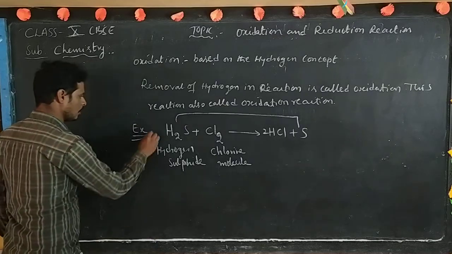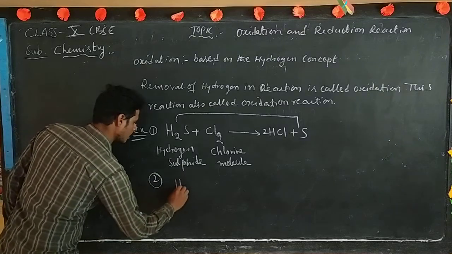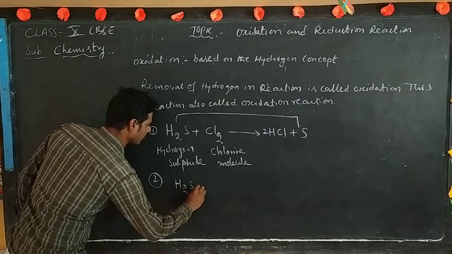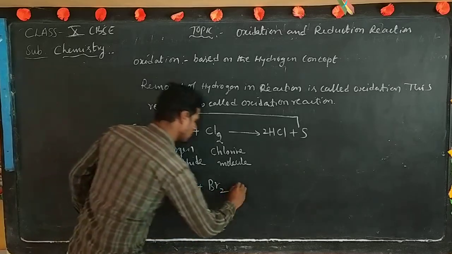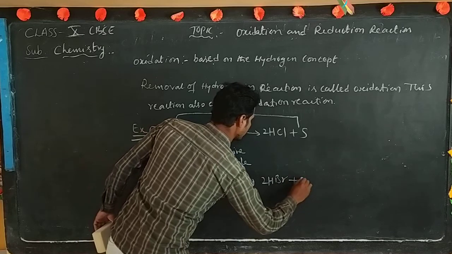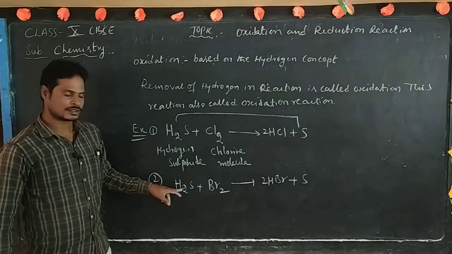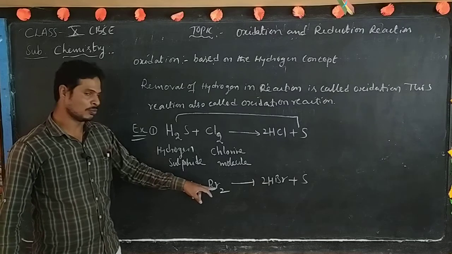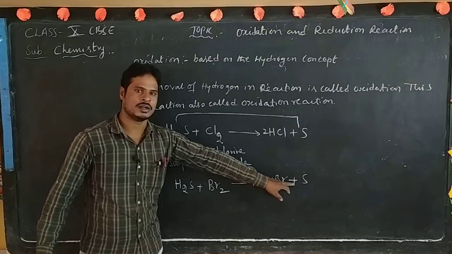Next, second example. Hydrogen sulfide reacts with a bromine molecule to form hydrogen bromide, HBr, and sulfur.